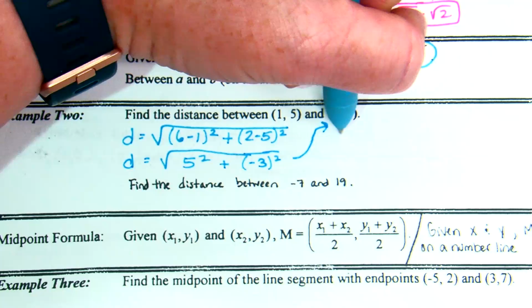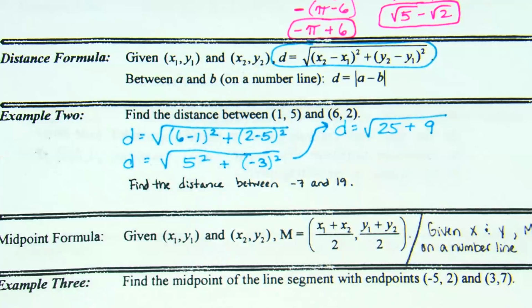What's -3 squared? 9. Don't let the calculator tell you -9. Be smarter than your calculator. 25 plus 9 is 34. So depending on what you need, you could possibly say the distance is the square root of 34.